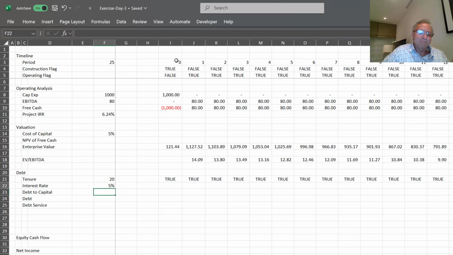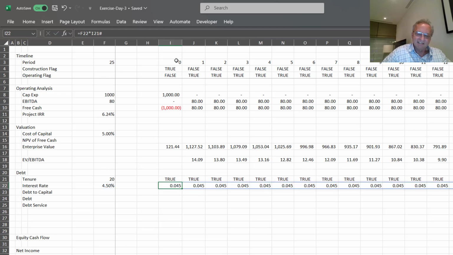Notice, purposely, I put the cost of capital just a smidgen below. Shift Control P. All of that stuff works with the generic macros. I put that just a little bit below that. Okay, I'm just going to take this one and multiply it by this one and put a hash. I'm just testing myself to see how far we can really get.